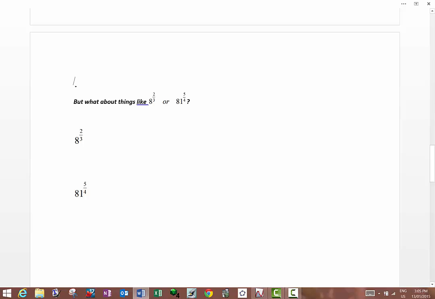However, fractions aren't just 1 over something. They could be 2/3 or 5/3 or 7/10 or whatever. So what would something like 8 to the 2/3 or 81 to the 5/4 actually mean? Let's start with 8 to the 2/3. Note that 2/3 is the same as 2 times 1/3.